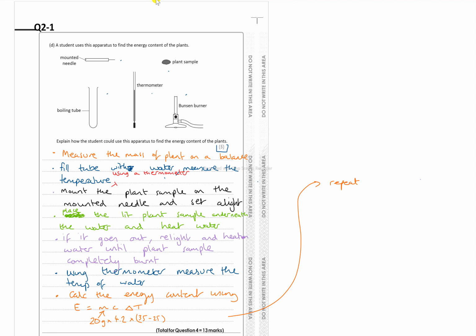And then what you always do with any experiment: repeat the above steps, remove any anomalies, and average out the results.